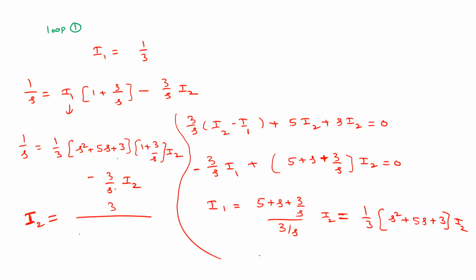Cube plus 8s square plus 18s. Just check it out. Is this correct or not? So I2 you got 3 by s cube plus 8s square plus 18s.